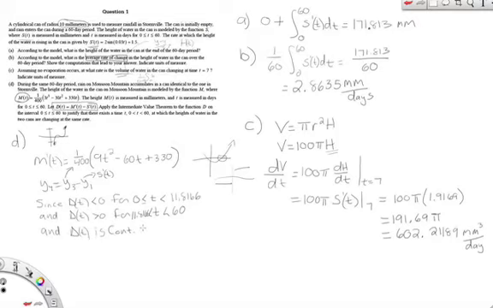Since the intermediate value theorem guarantees that m prime of t equals s prime of t. Well, that's maybe not really the way I want to say it. Guarantees that d(t) equals 0, I guess. At least once.